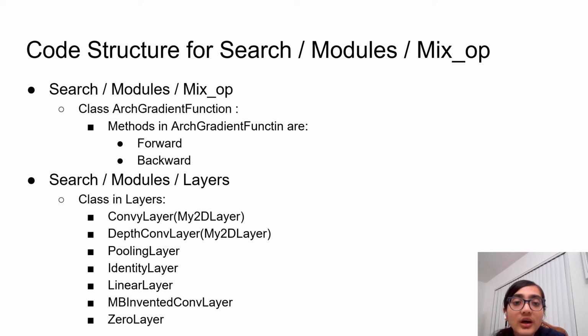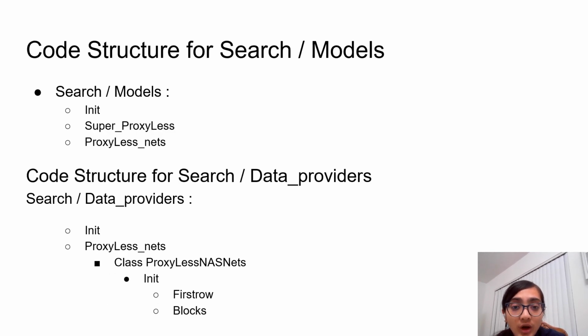When considering the set layer from config method, in that method you see that the convolutional layer is being constructed, and the layer name is stored from layer.config.pop. So whatever is there in the config is being popped, and that particular layer name is stored in the variable layer underscore name. This is what is happening in the search modules and layers part.